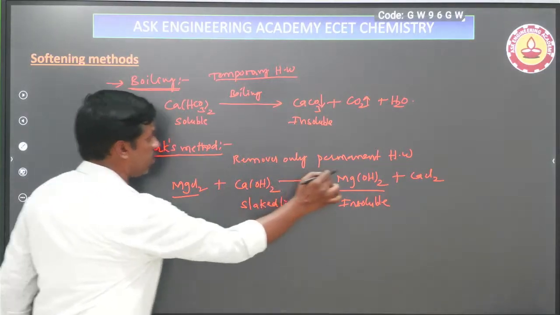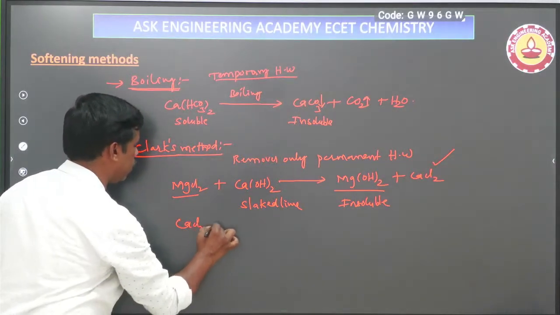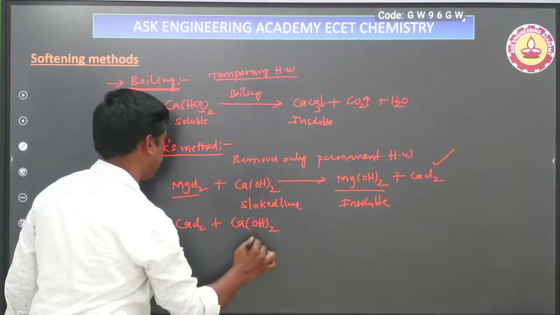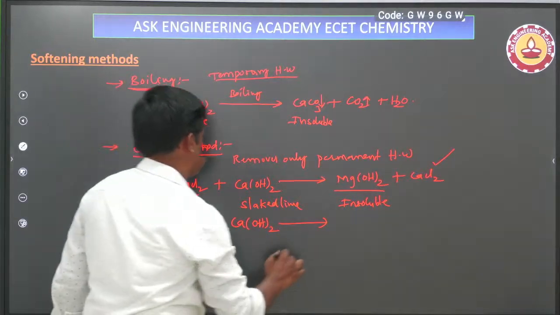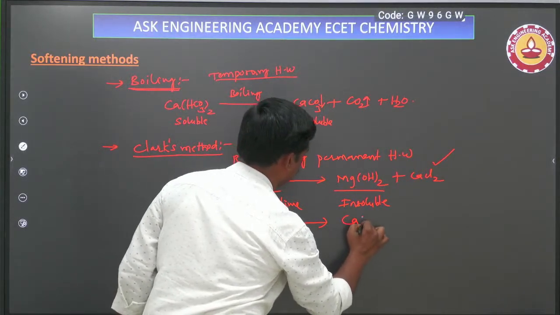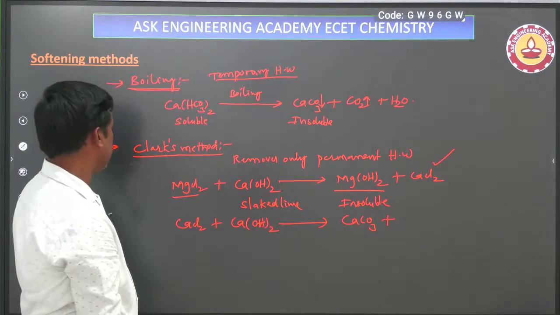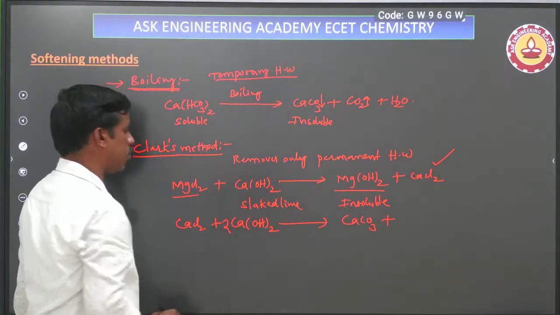That calcium chloride is also responsible for permanent hardness of water. CaCl2 combines again with calcium hydroxide, taken as 2 moles, and forms CaCO3. Here they require 2 moles of calcium hydroxide.